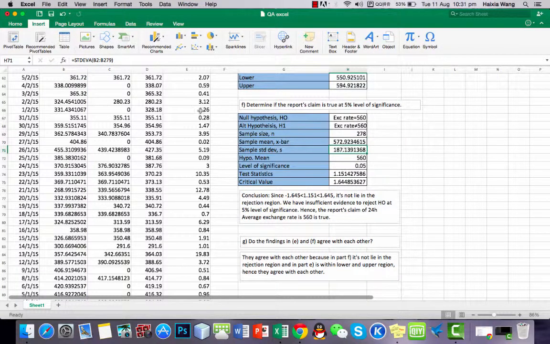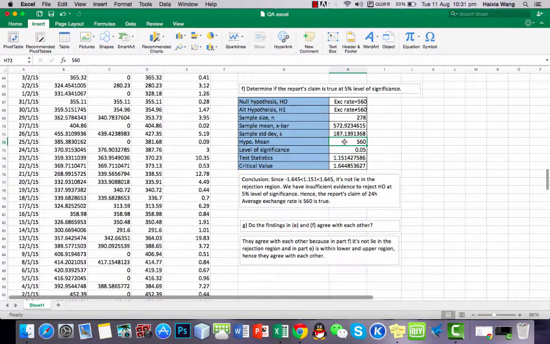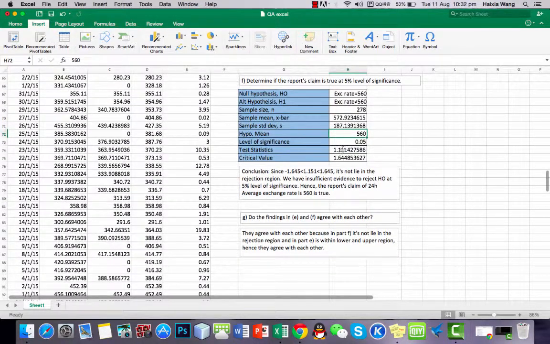Same for the standard deviation, I use the formula standard deviation sample, then I select the whole column, then I press enter. For the hypothesized mean, it is 560, which is given in the question. For the level of significance, because it's stated in the question as 5%, it equals 0.05.